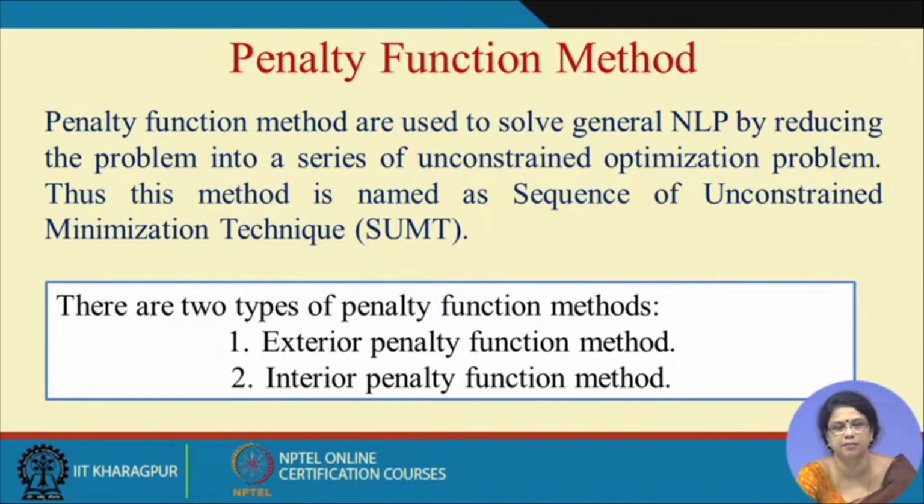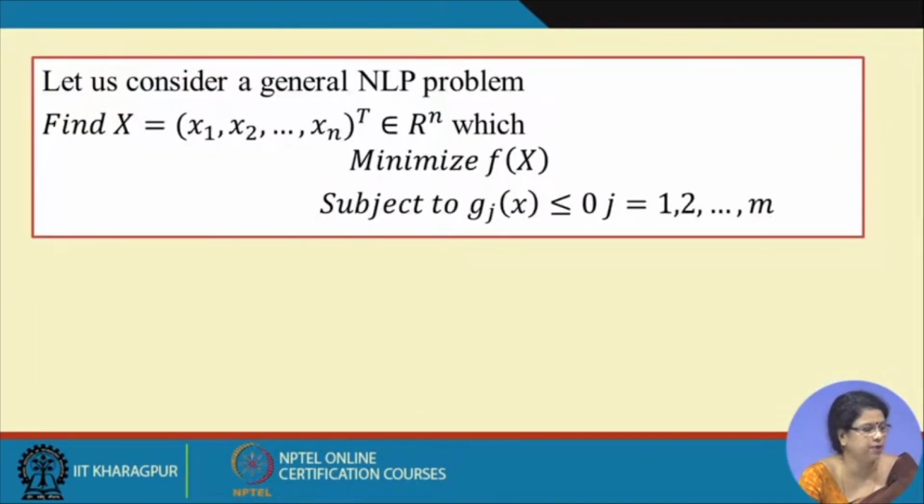Otherwise, if we consider a maximization problem, then there will be a sequence of unconstrained maximization problems. Let us consider a general nonlinear programming problem, where we have one objective function which is nonlinear in nature, and the decision variable is in n dimensional space. Now, we have m constraints.